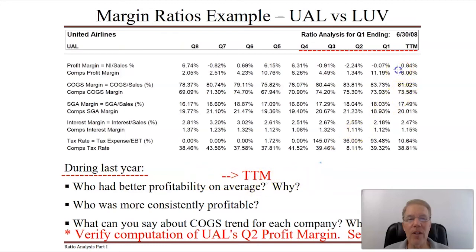So what have I got here? I've got the average profit margin for UAL up here, and I've got the average profit margin for LUV for the past year right underneath it. So we can clearly say LUV, and it's a bigger profit margin.